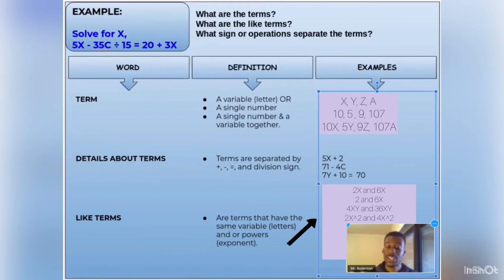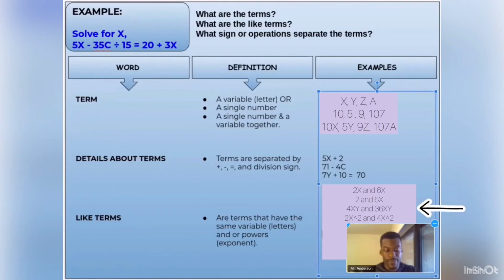The reason why they're like terms is because they have the same letter behind the number, okay? If I were to say 2 and 6x, these are unlike terms, meaning that you can't just combine these, okay?